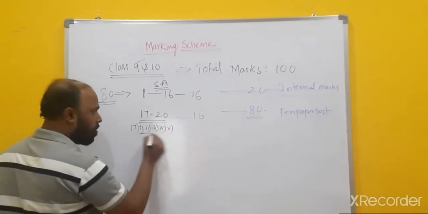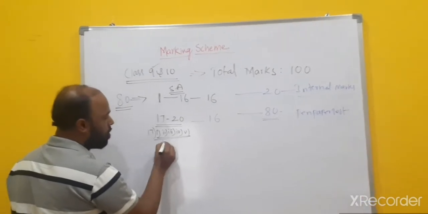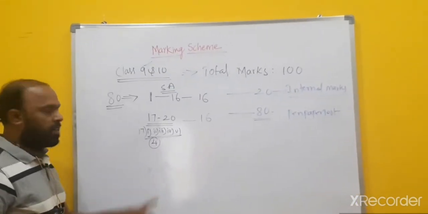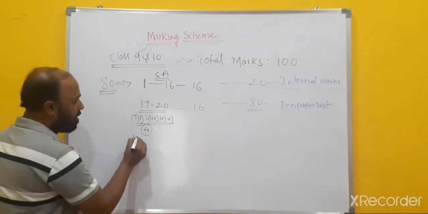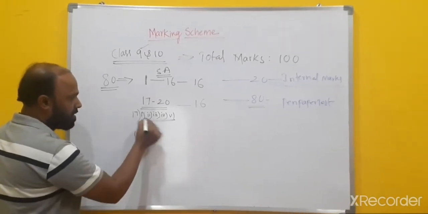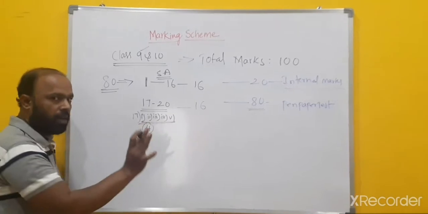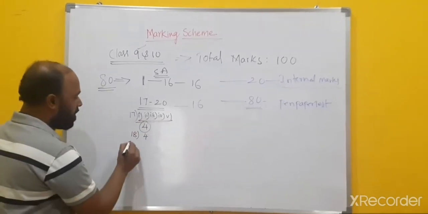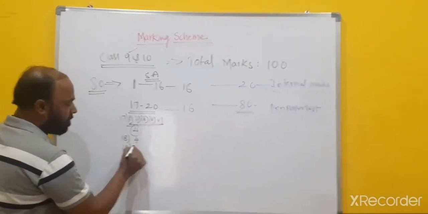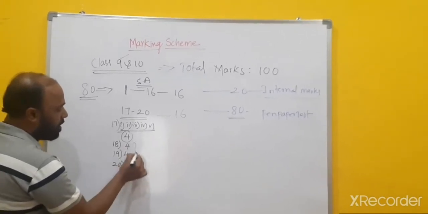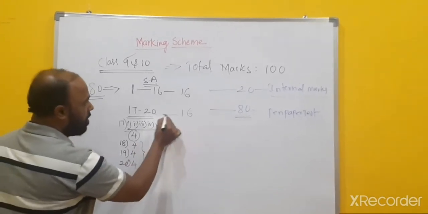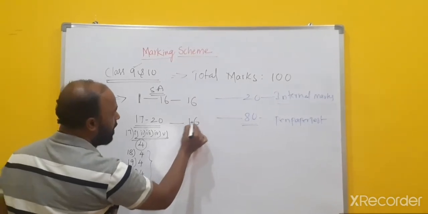Out of these 5, you have to choose only 4. How many marks for the 17th question? 4 marks. Then again the 18th, 4 marks, same 5 sub-questions, and you choose only 4. Then 19 is 4 and 20 is also 4. Total how many marks? 16. These are all MCQs.